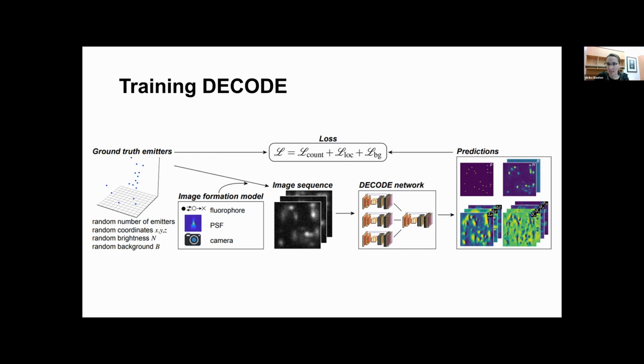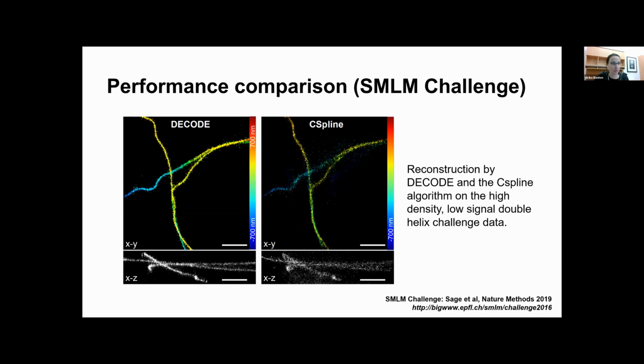So you want to minimize the error between what you've actually put into the system and what came out in the end. Based on finding the minimum of this loss function, you can then shape the network in such a way that it's optimal for your specific problem. And again, that's the underlying way of how to train the DECODE network.